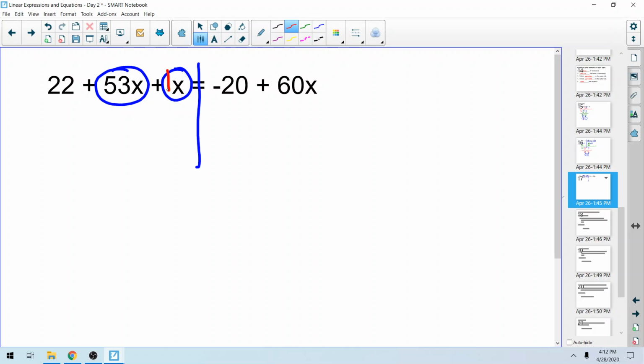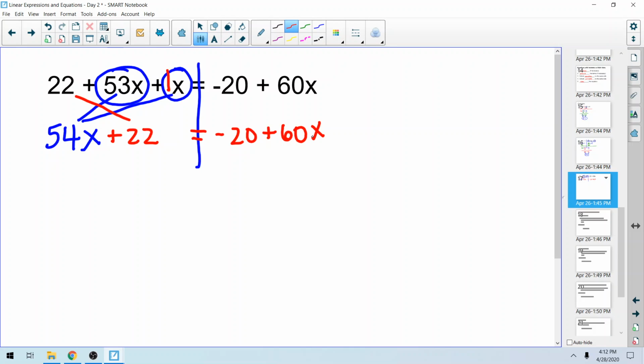So 53 plus 1 is 54x. Then I'm still going to bring down my positive 22 and then my equal sign. Over on the right-hand side, a negative 20 and a 60x will not combine together, so I'm just going to leave it as negative 20 plus 60x.